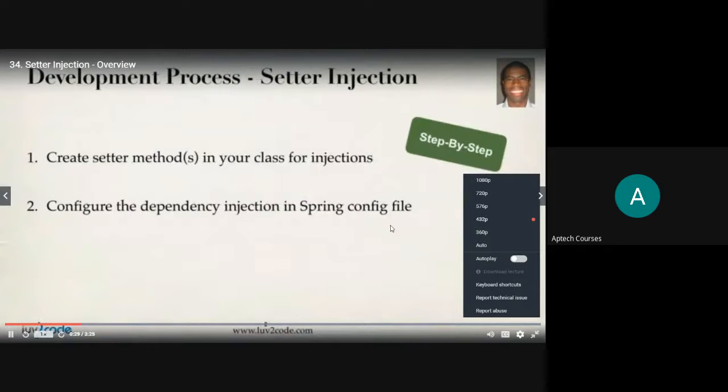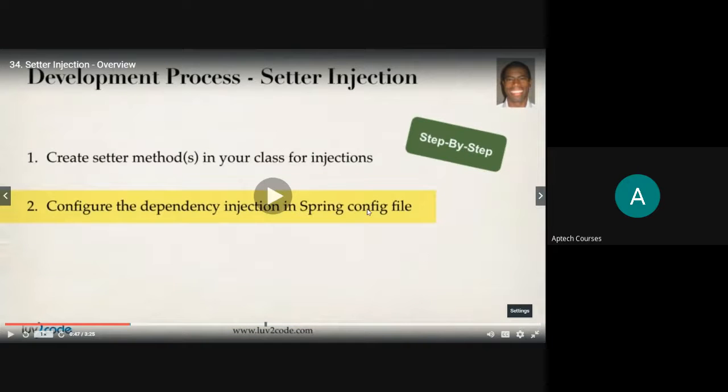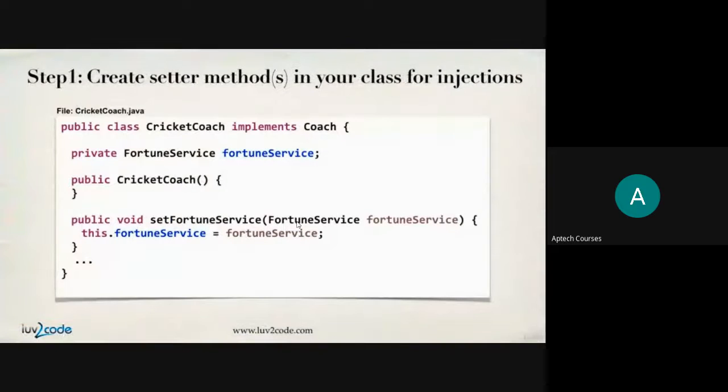Looking at the development process, and again, I love to do things step by step. The first step is creating the setter methods in our class for injections. Then the second step is configuring the dependency in the Spring configuration file. Let's take a look at step one, creating the setter method.